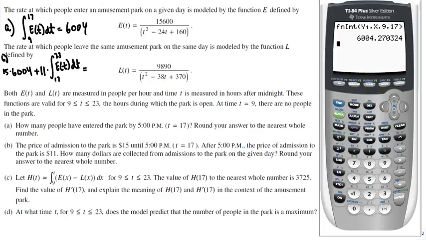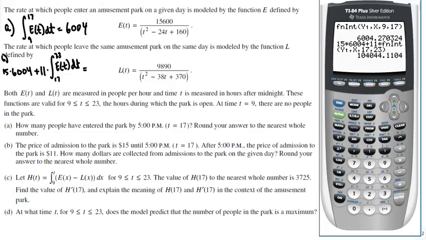So on our graphing calculator, we're going to have 15 times 6,004 plus 11 times math, number 9, which is fnint, and vars, yvars, function y1, comma x, comma 17, comma 23.